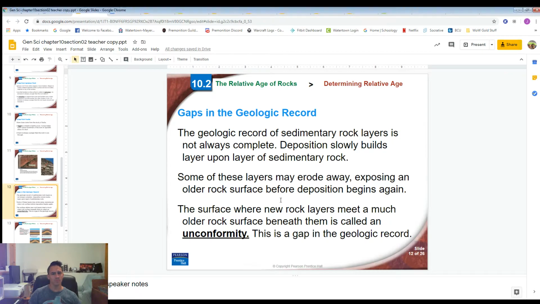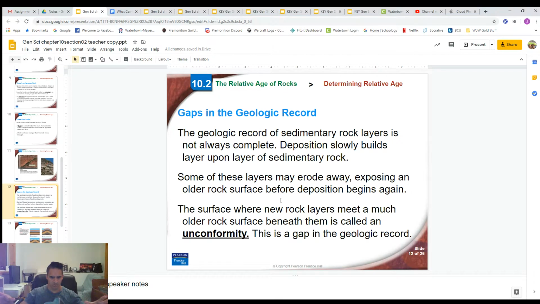All right. So other than looking at intrusions, extrusions, and fault lines, other times there can be gaps in the rock layers themselves, or gaps in what we call the geologic record. Again, this is due to erosion, all kinds of stuff that happens over time where rock layers just don't stay the same way forever. So usually sedimentary rock layers are not always going to be complete.